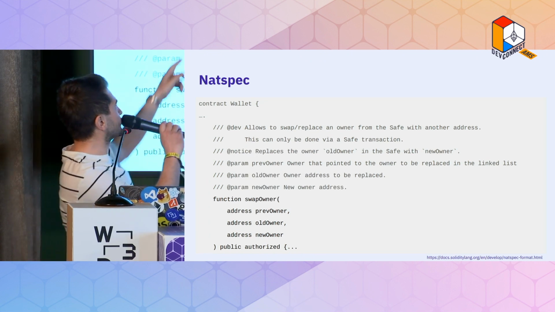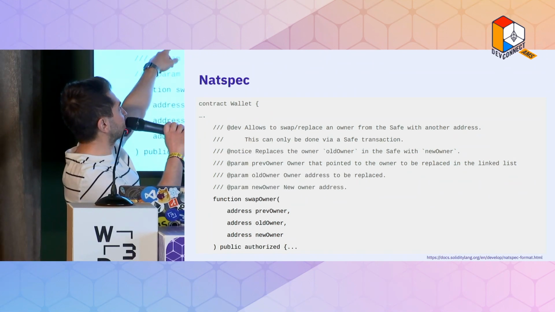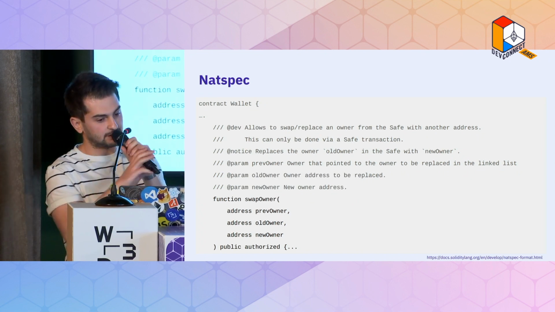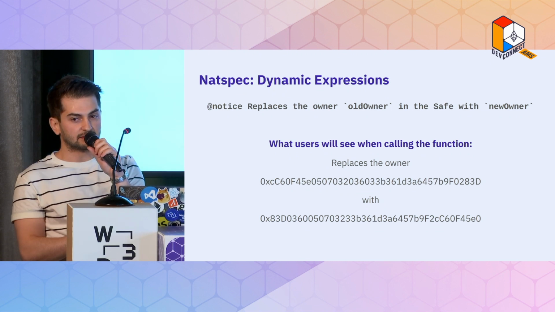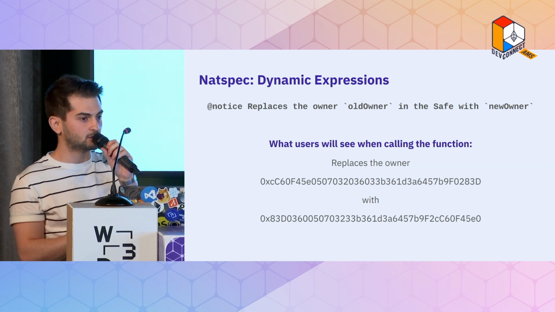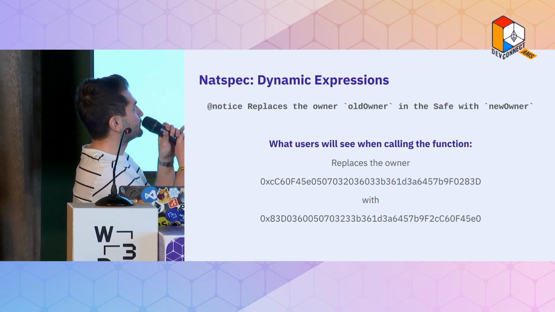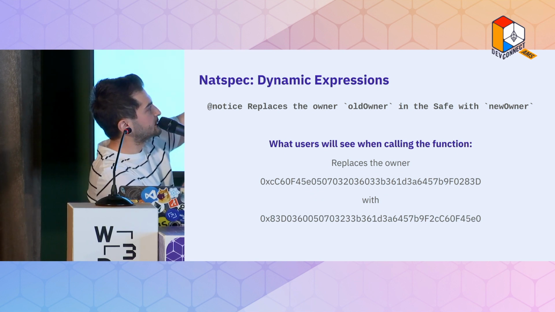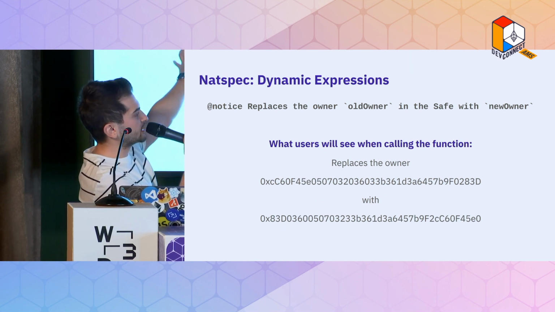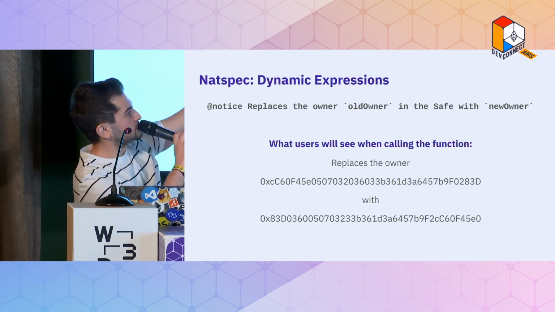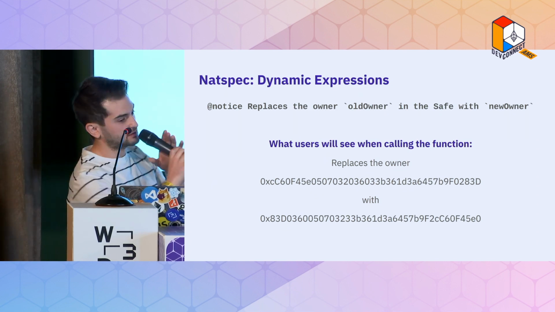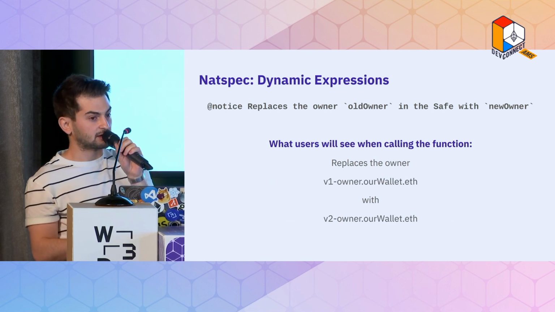So you have the developer documentation, you have the user documentation, and the parameter documentation. And NatSpec also has this neat thing called dynamic expressions, where you can have the parameter names replaced when they are being shown to the user. So this documentation you see can become this, and even better, something like this.